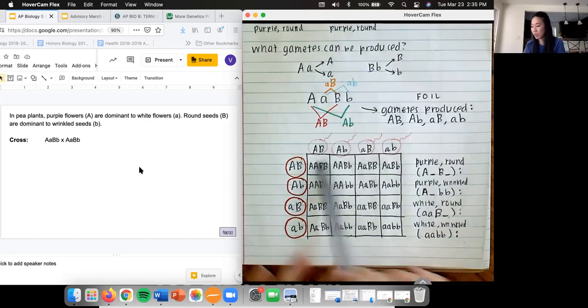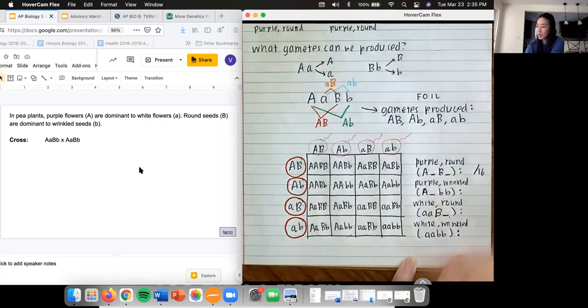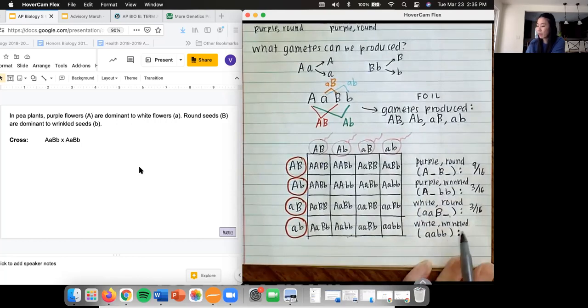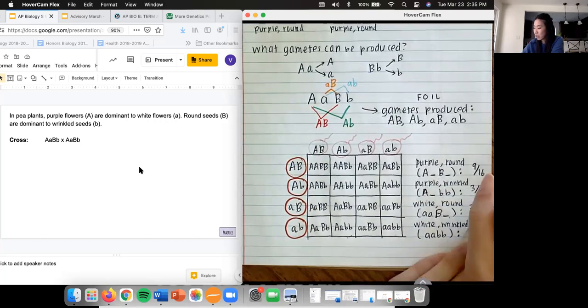But if I counted up all of these, so there's 16 squares, the number of them that are going to be purple and round of the offspring is going to be 9/16. Purple and wrinkled is 3/16. White and round is 3/16. And then white and wrinkled, there's actually only one option right here. One box is little a, little b. That's 1 out of 16.